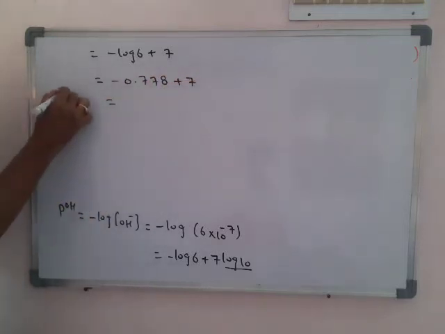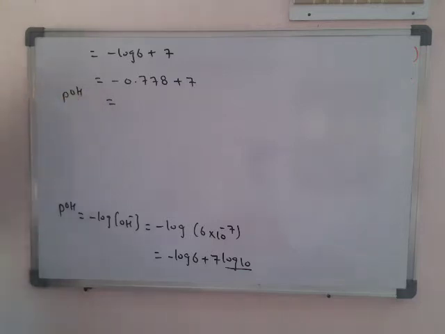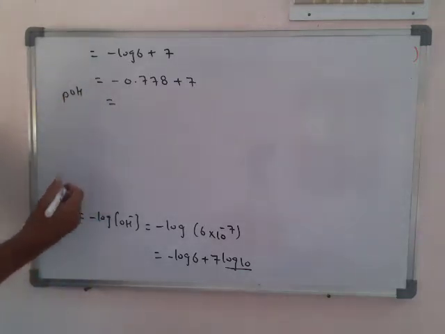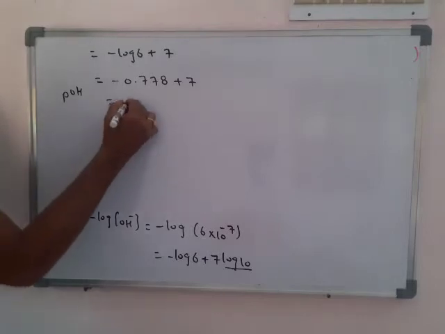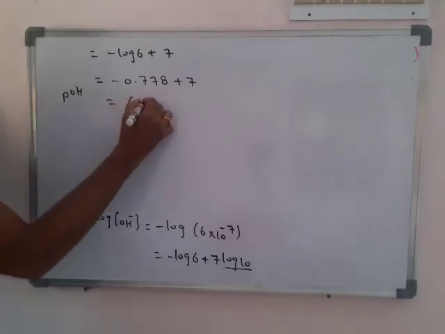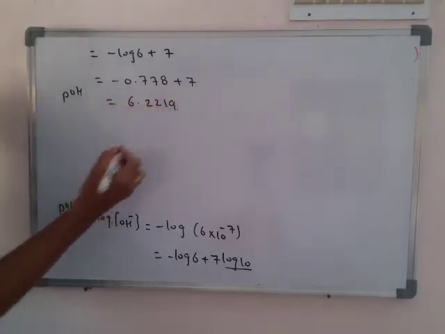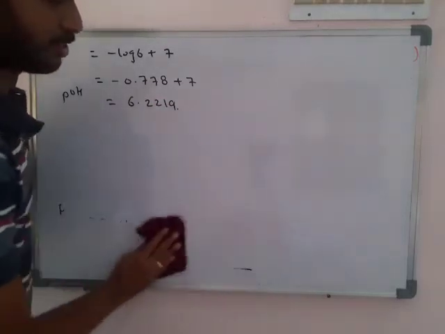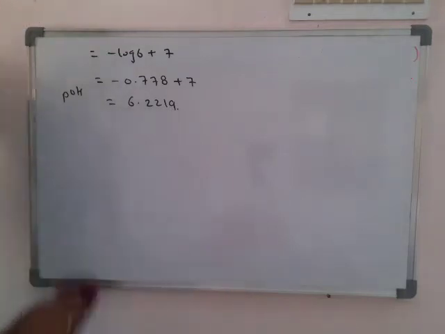So here we get the final pOH, the pOH equal to 6.2219. So we know the relation between pH and pOH.